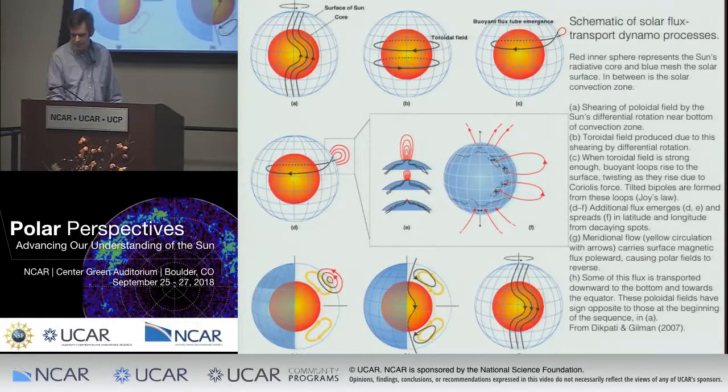So the standard theory behind this, we all know, is that the interior fluid dynamics of the sun drives the amplification of a dipole-like solar minimum field to oppositely directed toroidal fields, purely from the differential rotation in the interior.